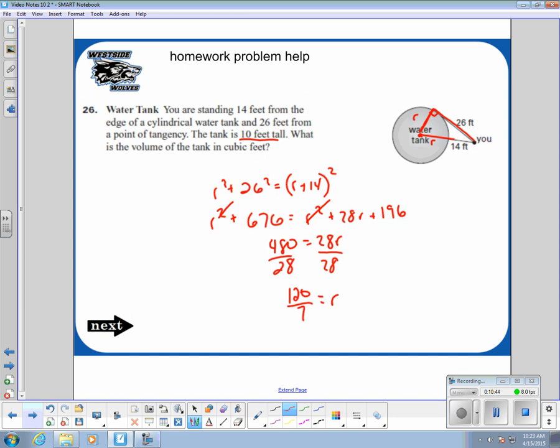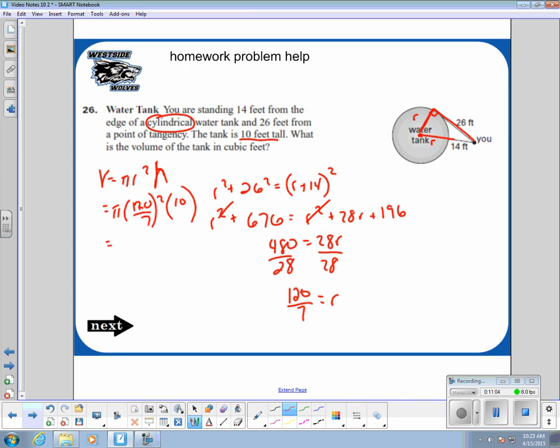Now, this is a cylindrical water tank, so volume is equal to pi r squared h. So pi, my radius is 120 over 7 squared, times my height, which we said was 10.